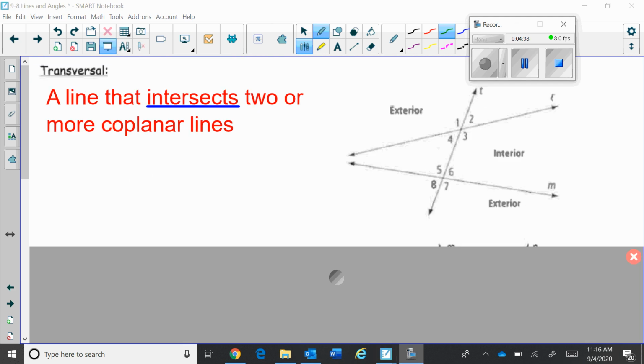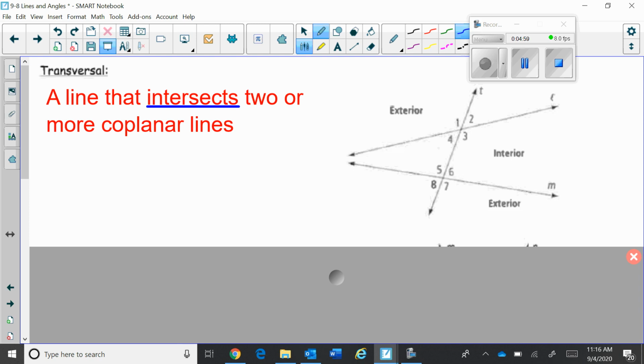Right below, we have what is called a transversal. Let's go ahead and pause this and take this vocab word down. It says the transversal is a line that intersects 2 or more coplanar lines. So you just have 2 lines that are on the same plane.